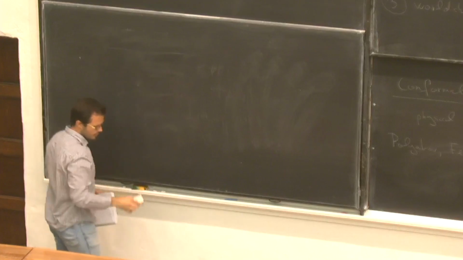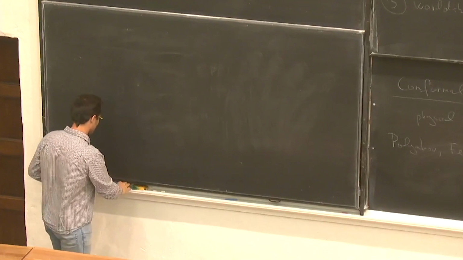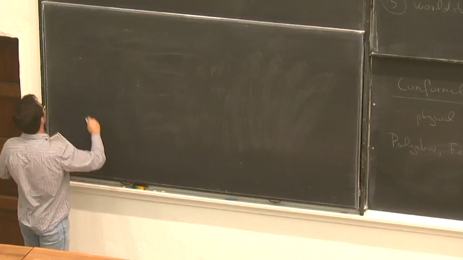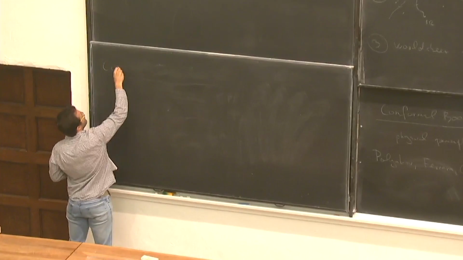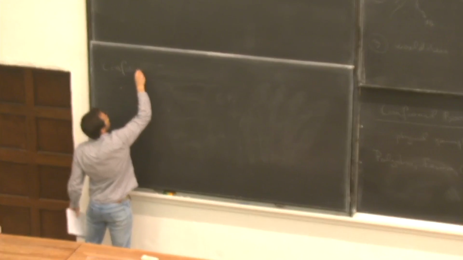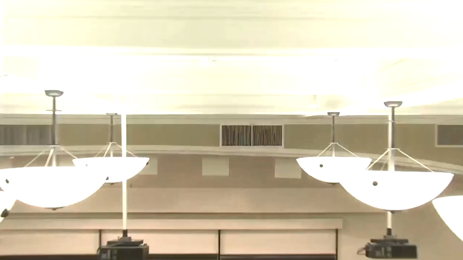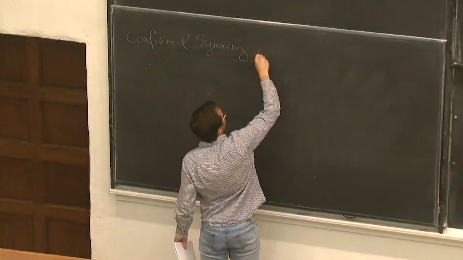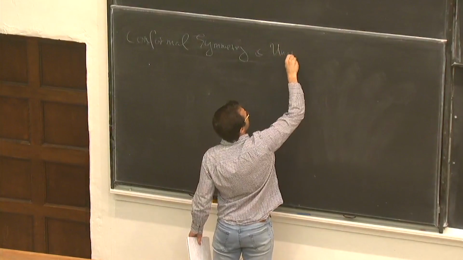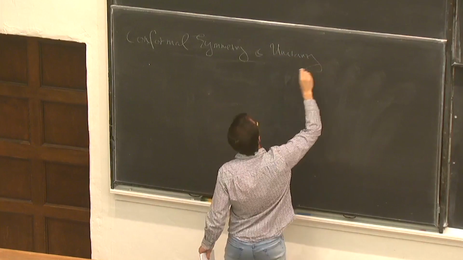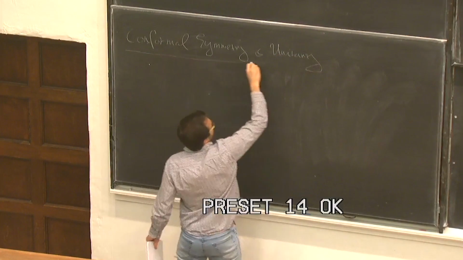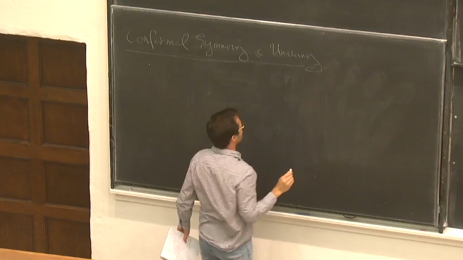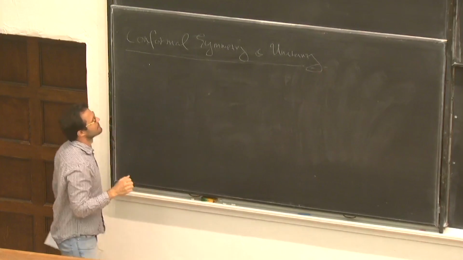All right. So what I'm going to discuss now are the consequences of conformal symmetry and unitarity. Especially unitarity, because that's one of the things which confused me when I was learning about this subject initially.